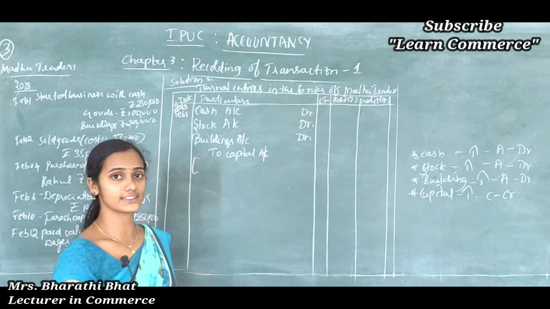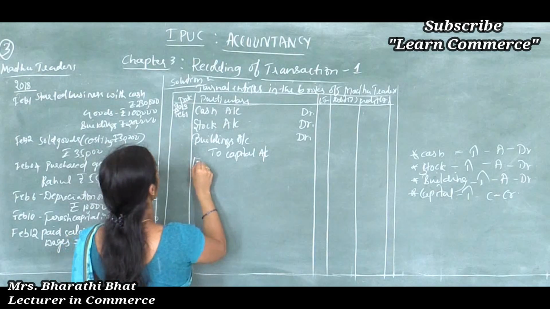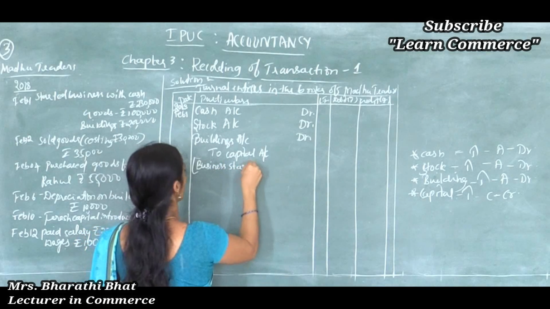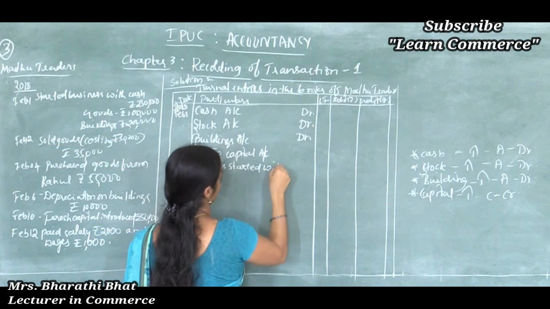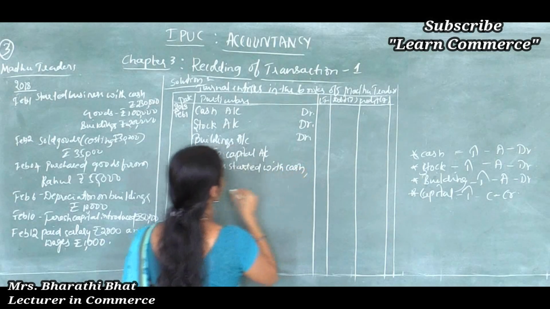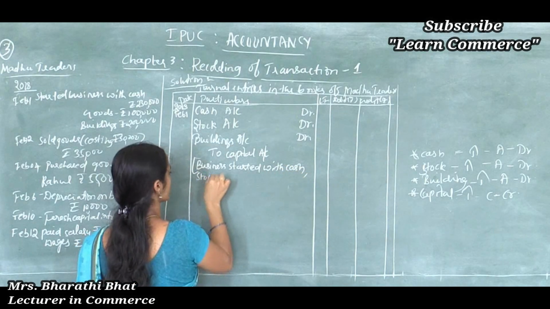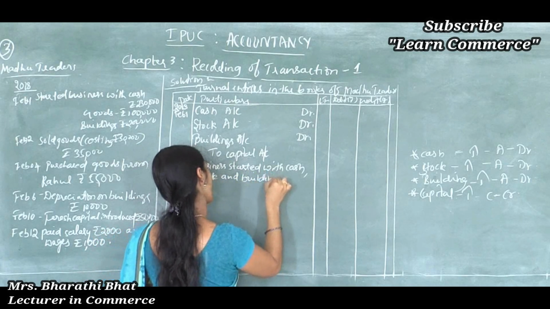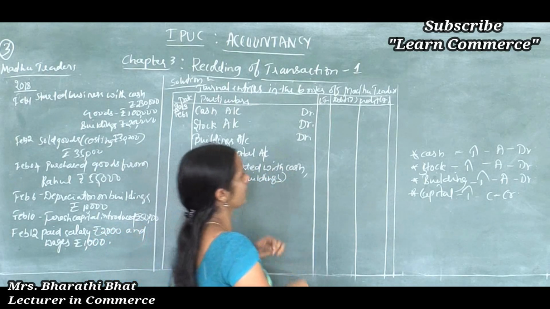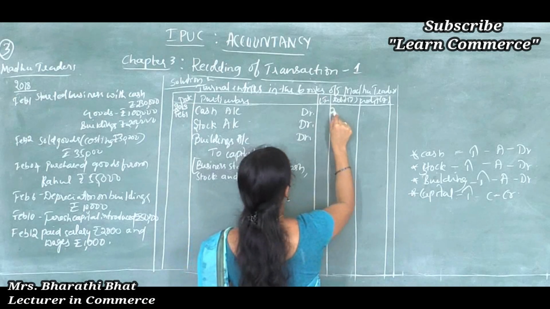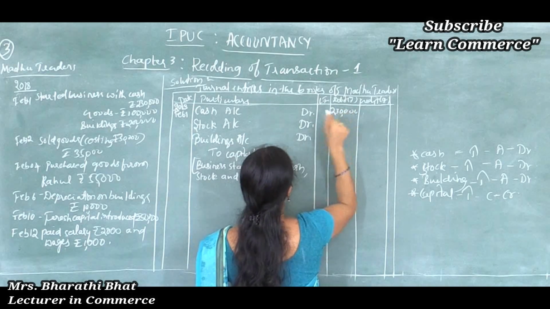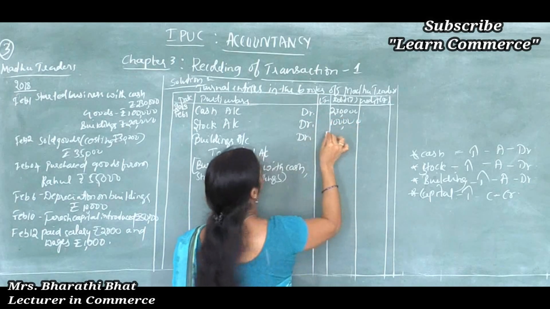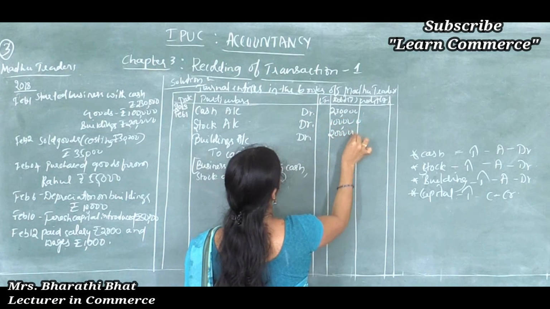Immediately we should write the narration for that transaction. Business started with cash, stock and buildings. Then 2,30,000 debited and 1 lakh stock and 2 lakh building.